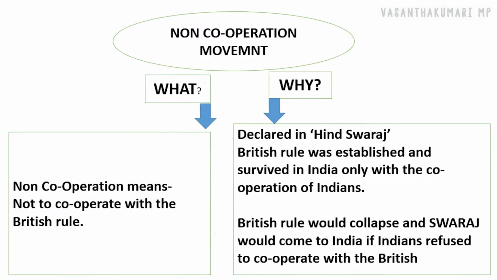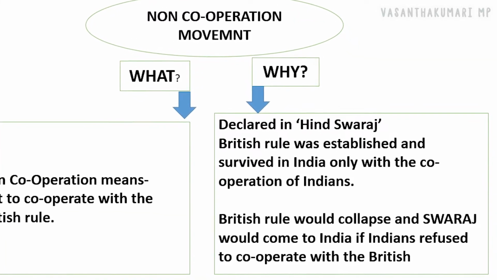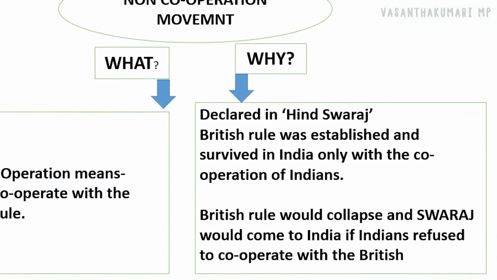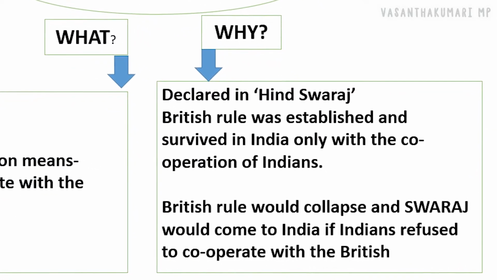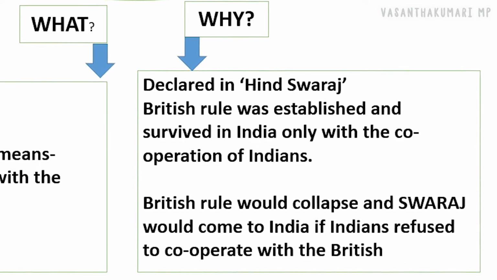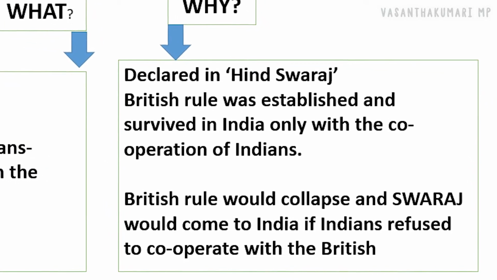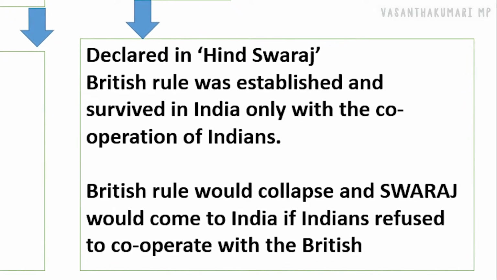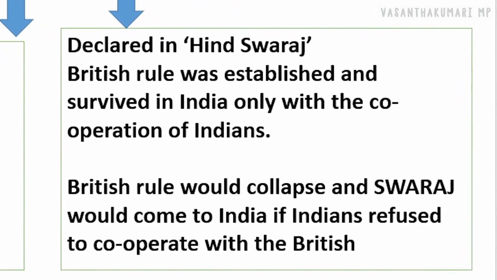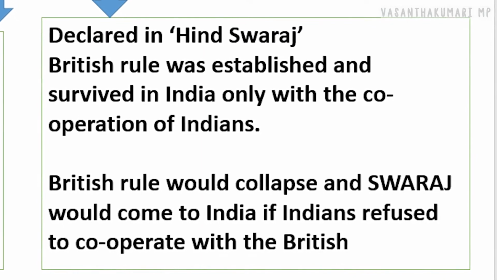He explained it clearly in Hind Swaraj. He believed that British rule was established and survived in India only with the cooperation of Indians. So, to put an end to the British rule and to bring Swaraj to India, Indians must be ready to refuse cooperation with the British.